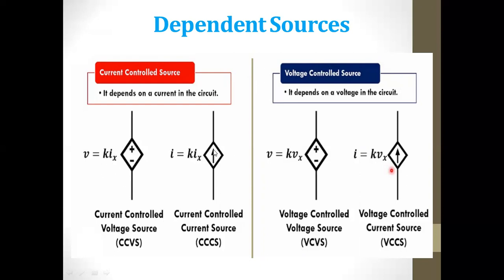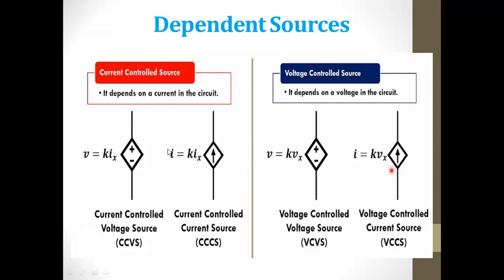In the same way, here with the arrow, as I've already mentioned, it is said to be the current source. And here you can identify that it is a diamond shape, so this indicates that it is a dependent source. Since I have the arrow, it is nothing but the current source. The equation given for this is I is equal to K into Ix.